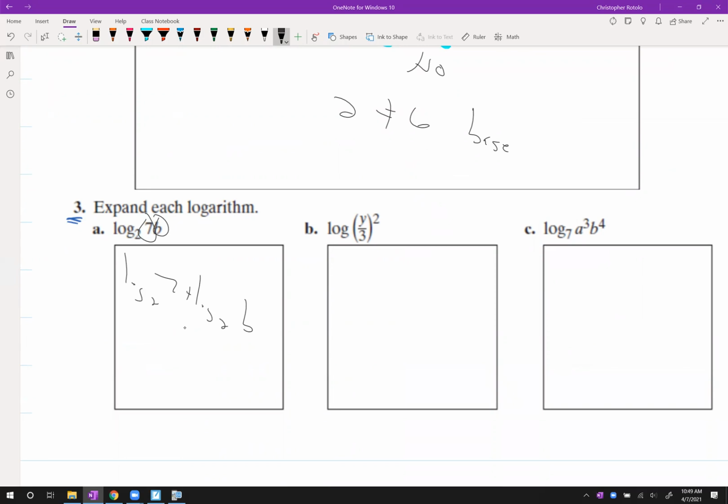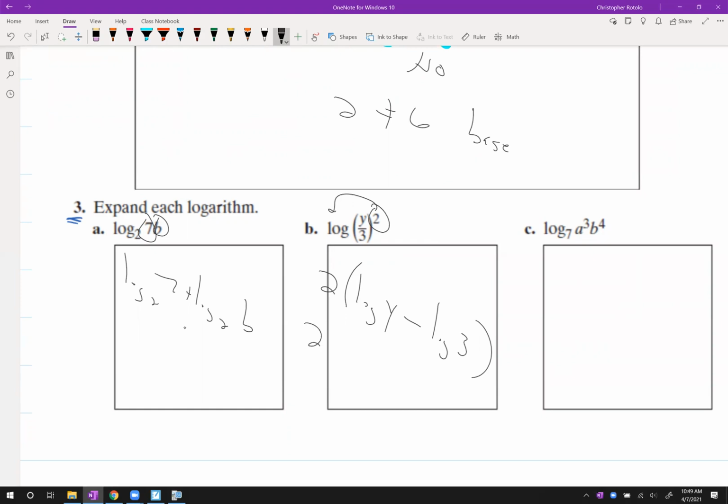All right, the next one, notice the whole thing is squared. So what I typically like to do and encourage my students to do is match what's going on here. 2 parentheses, log y and log 3 parentheses, because if all of it's in parentheses, let's leave it all in parentheses. Since we're dividing, we're going to subtract.